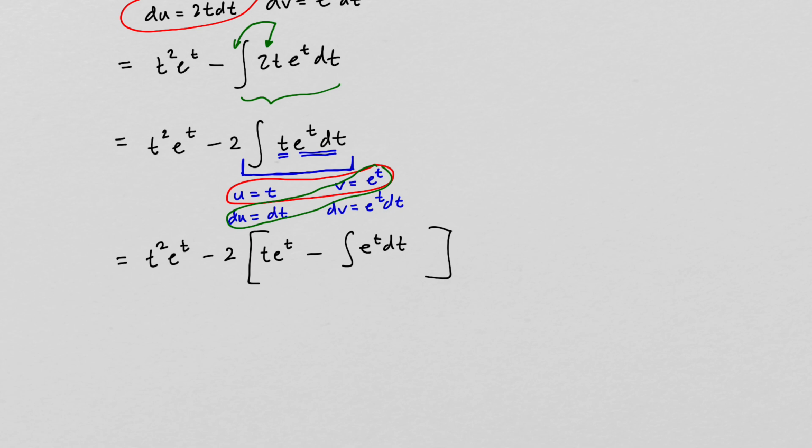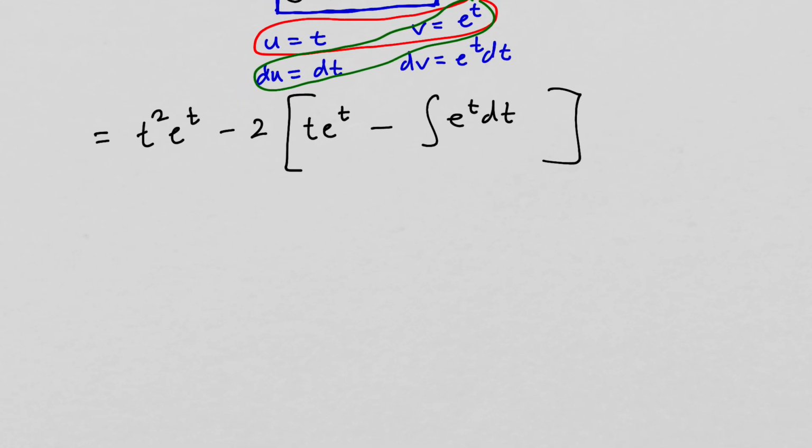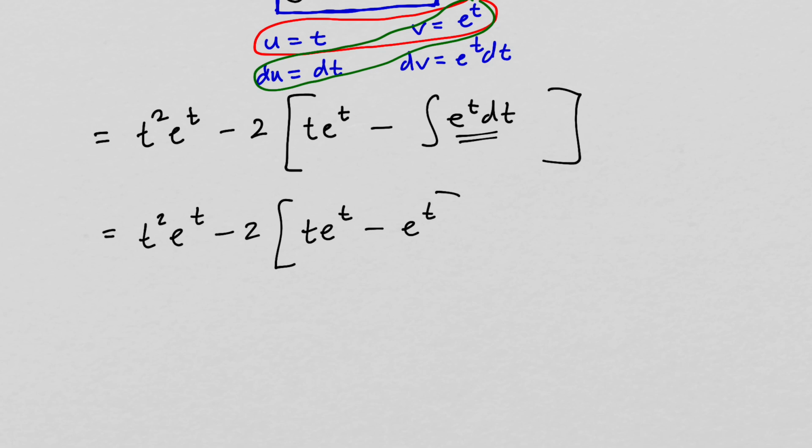And now you can see that we no longer need integration by parts because we know how to take the antiderivative of e to the t. That's a basic formula. So we have t squared e to the t minus 2 times the quantity t e to the t minus the antiderivative of e to the t, which is e to the t, and then plus c.